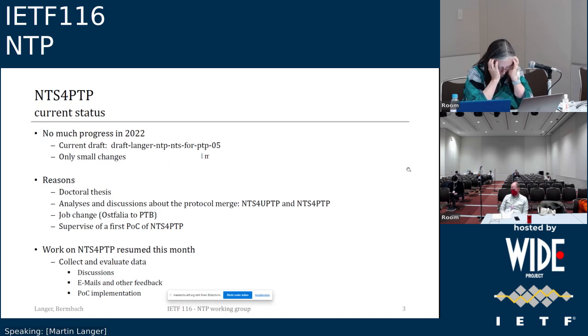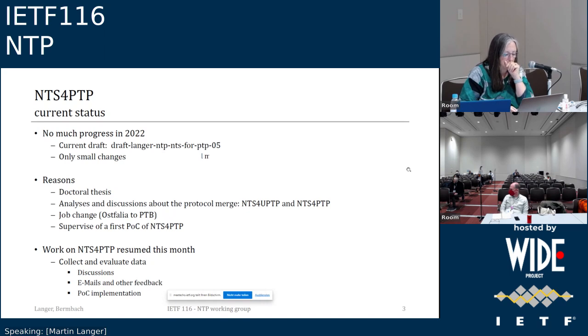NTS for UPTP was the unicast only approach from Meinberg. Currently, I guess they work on something else. I forgot the name. So NTS for UPTP is currently dead, but I try to merge some of its content in my own draft document.